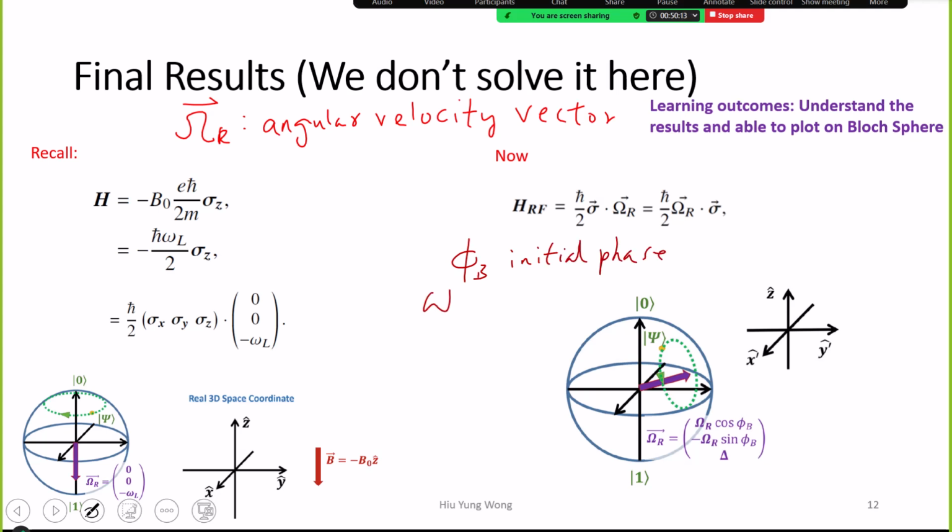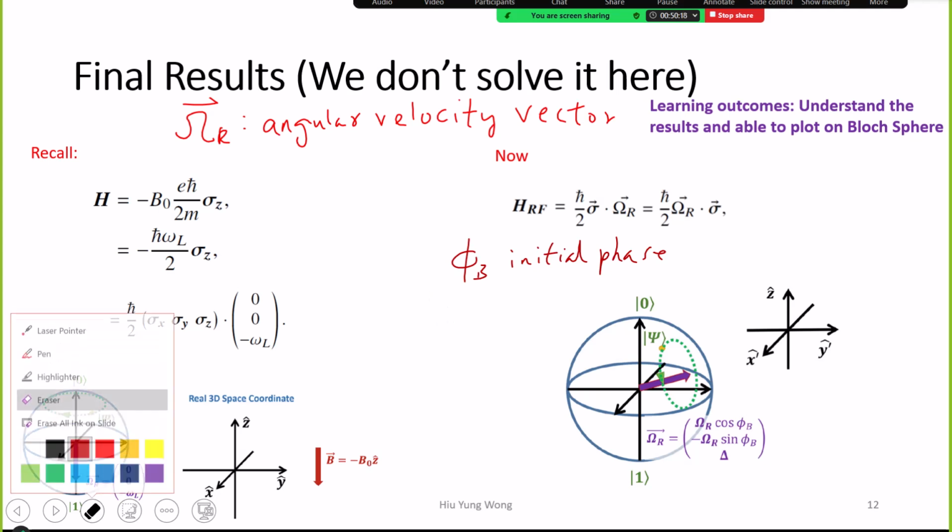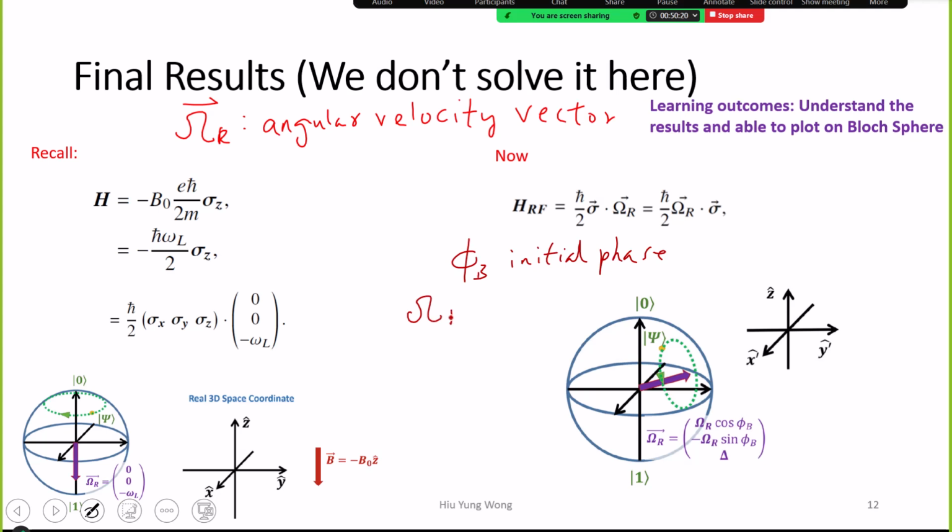And what is omega R? The capital one. Omega R equals e over m times B perpendicular. Right? Just like Larmor precession. So it means if I change the initial phase, this is very important. That's why electrical engineering and microwave are so important. Well, not here, right?